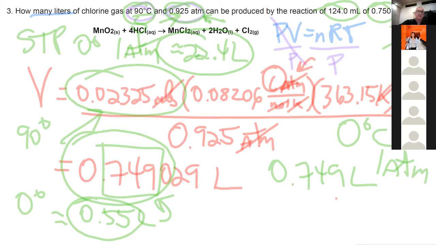This number is at 1 atmosphere, and this number is at 0.925 atmospheres. So that increases the volume again. So you're in the right ballpark, around 0.5 to around 0.75. That seems reasonable. So you can be fairly certain that that's probably about right.